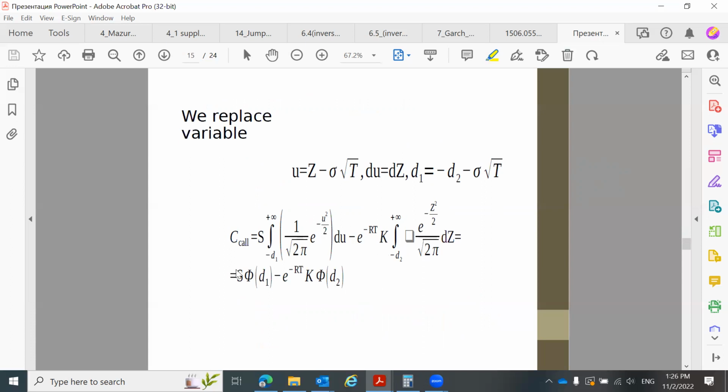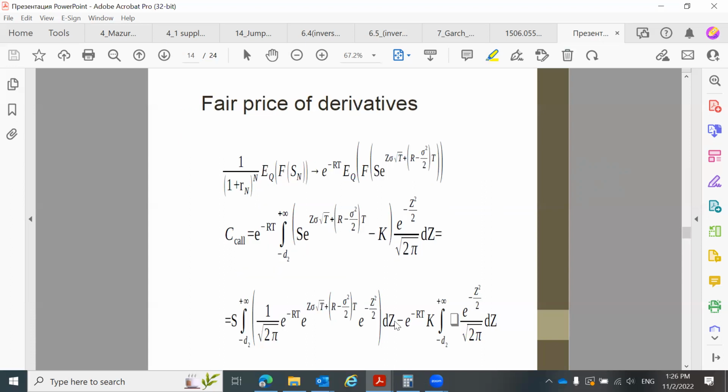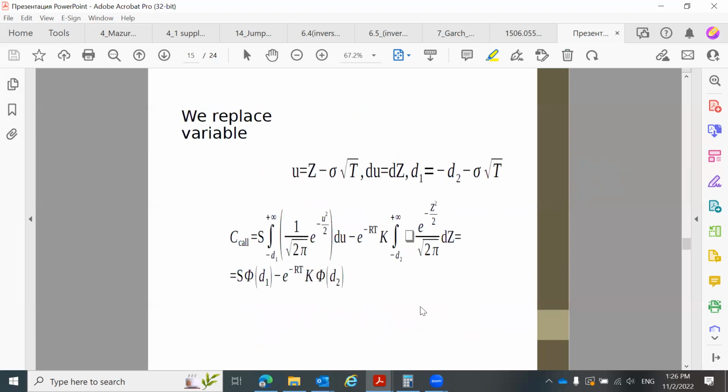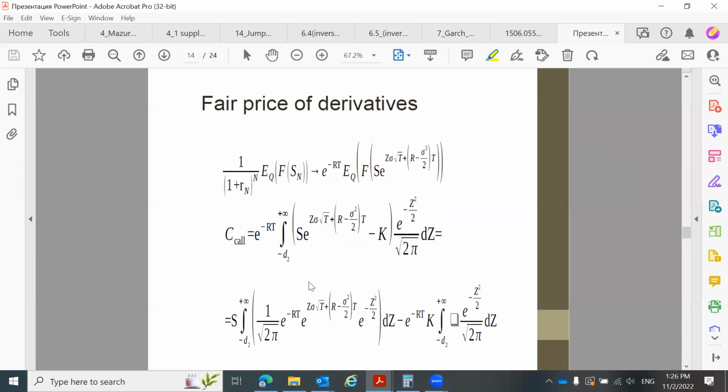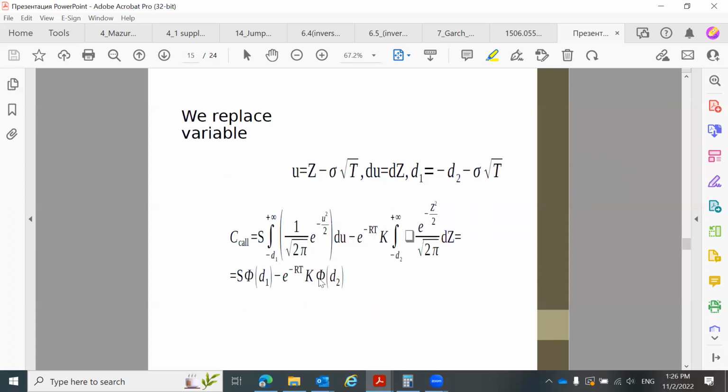And after all this, we obtained the formula S multiplied by phi of d1 minus e to the power minus rT K, you see K, but this integral is the integral for the normal distribution.